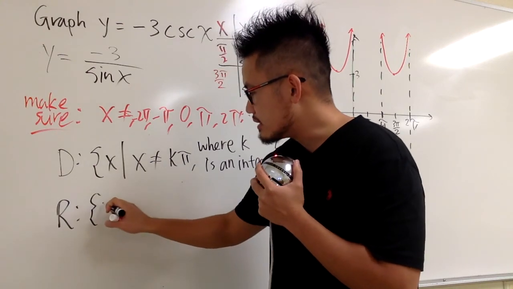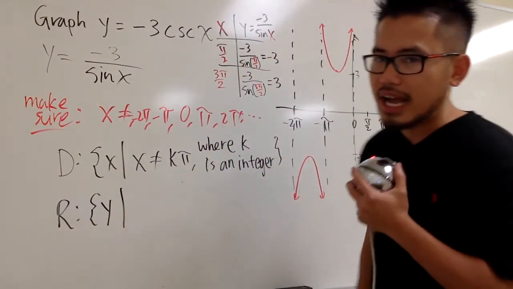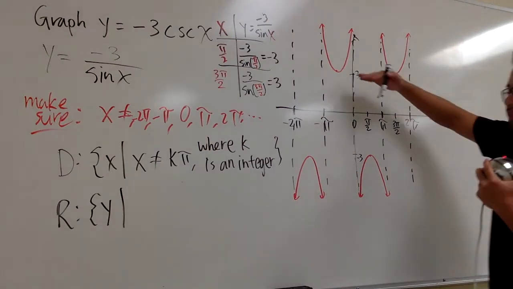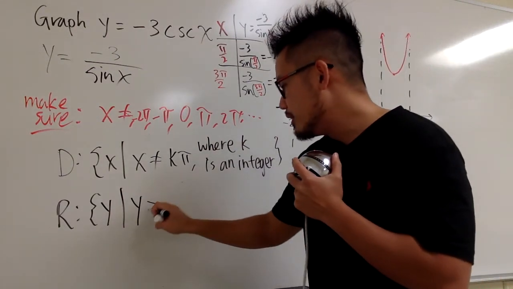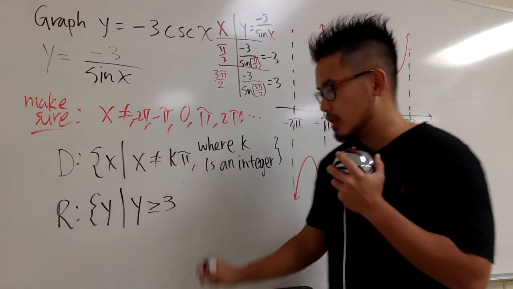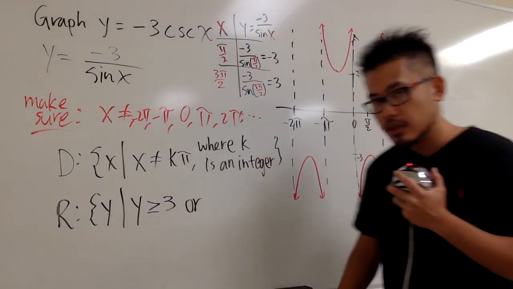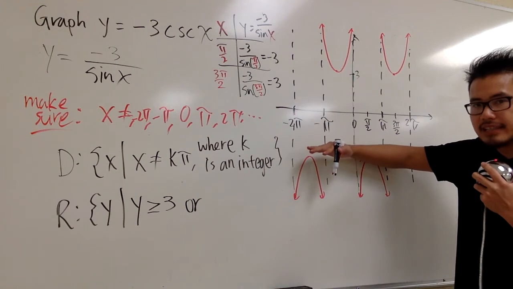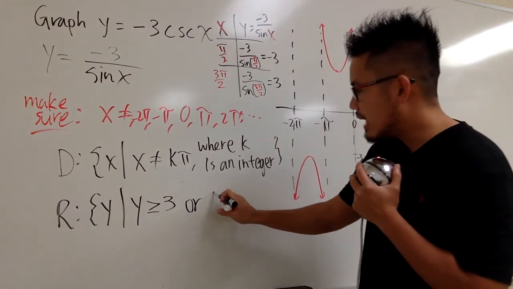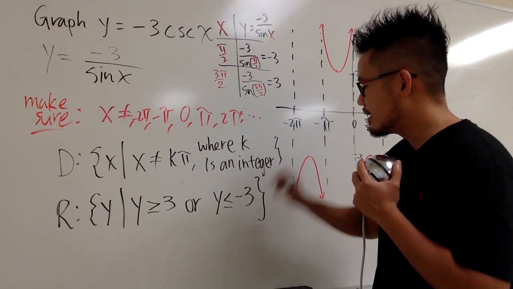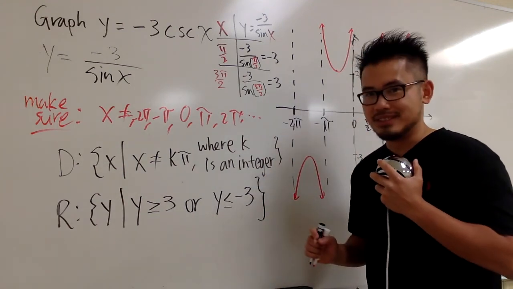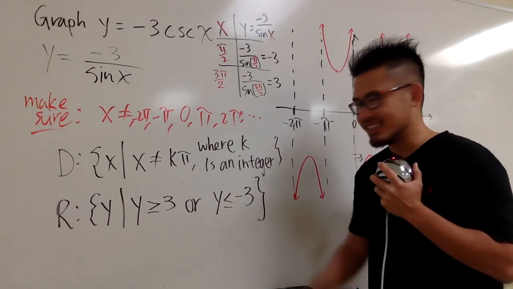The range is the set of all the y values such that, and you see the one on the top is 3 or more. So that means we have y bigger than or equal to positive 3, and we put down or. The other one is from negative 3 and below. That means y is less than or equal to negative 3. And this is not 3. This is the set builder notation. That's it.